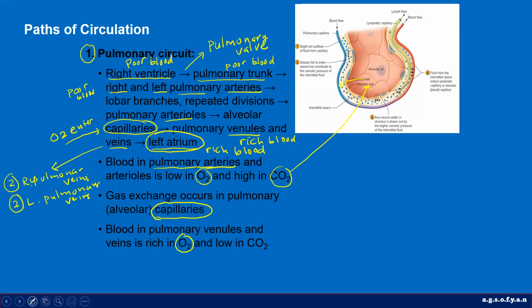So this is the first circulation. It is called the pulmonary circulation or pulmonary circuit, and the main goal of this circuit is to get oxygen from the lungs.